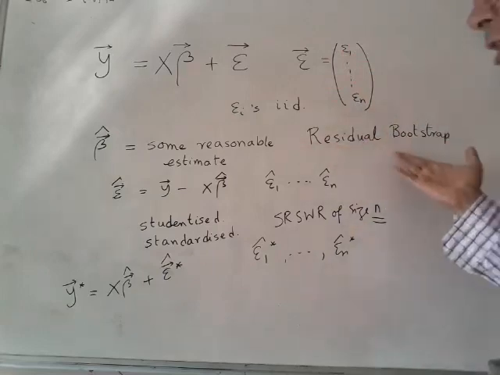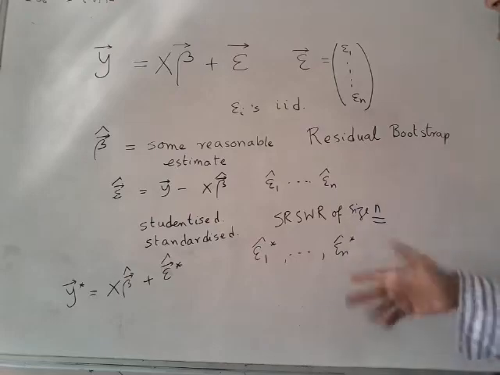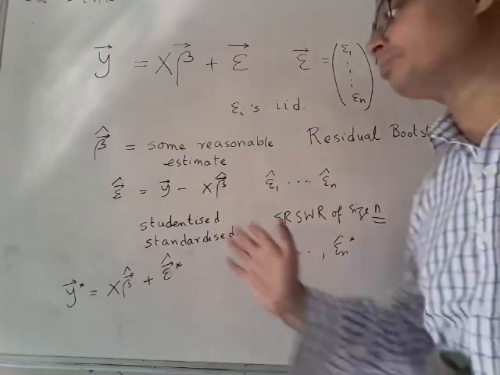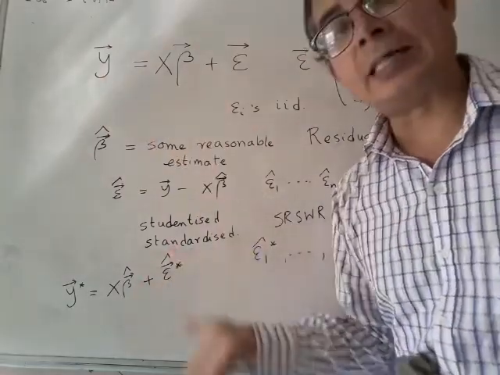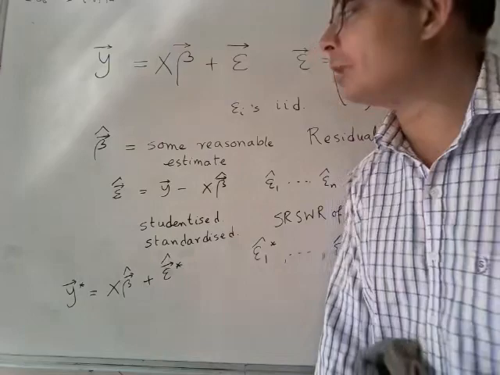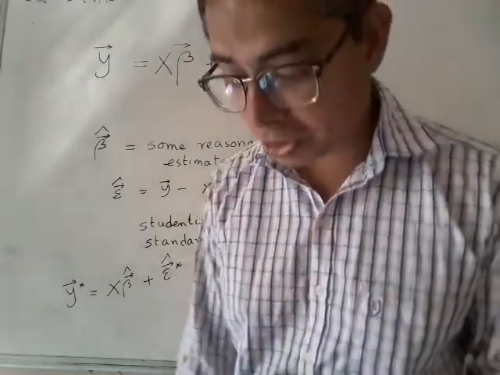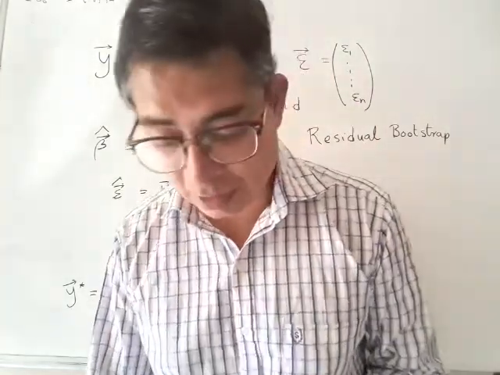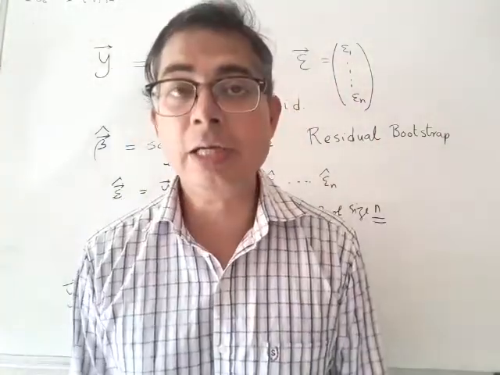They are called residuals in the context of linear model. Resample them and do the entire process backwards to get back to your data and treat that as your fresh data, and then carry out whatever we were doing earlier. So this idea is called residual bootstrap, less precise definitely than our usual bootstrap, but it is quite commonly used.